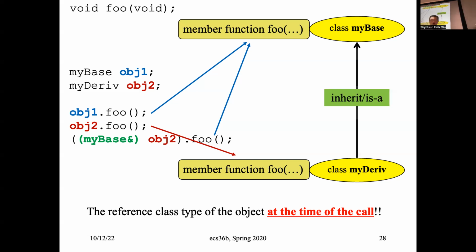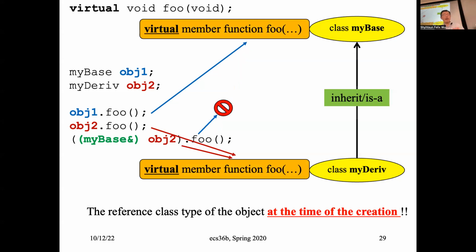But for a virtual function, when you say starting, I'm actually using the time of creation. So instead of the time of the call, as in the previous slide, here I change it to the time of the object creation. What was the type when you created the object? If you create it as a derived, it will call the derived version. If it's created as a base, it will go with the base.